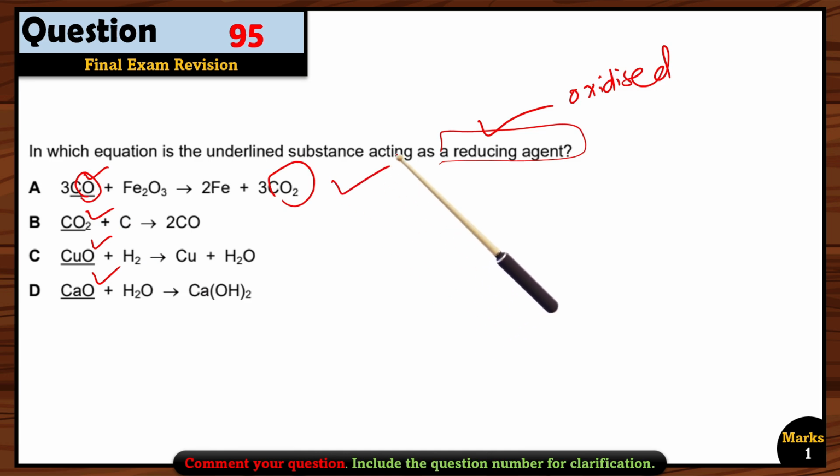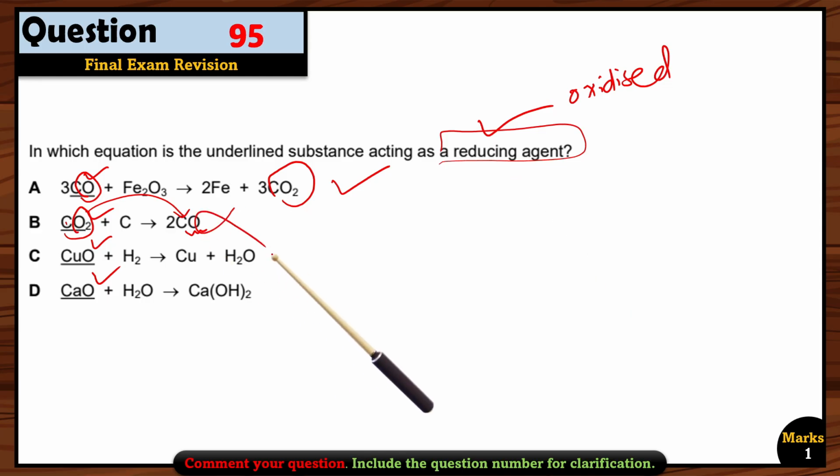So carbon monoxide is actually the reducing agent. But if you still want to look at other options, we can see one by one. Carbon dioxide, it has two oxygen here, but now it has one. What does it mean? The loss of oxygen. Loss of oxygen means reduction. So anything that is reduced is actually an oxidizing agent, not a reducing agent. So that option is wrong.